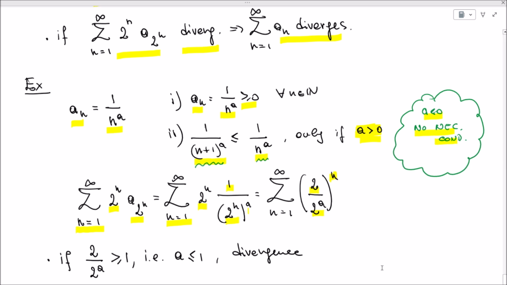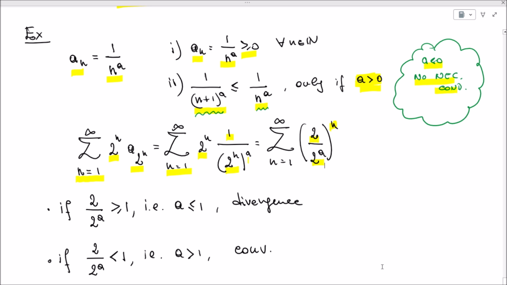And we recognize now that we have a geometric series. In fact, if we have that 2 divided by 2 to the a, which is the ratio of the geometric series, is larger than or equal to 1, which is just like saying that a is less than or equal to 1, we have divergence, because this is what happens for a geometric series.